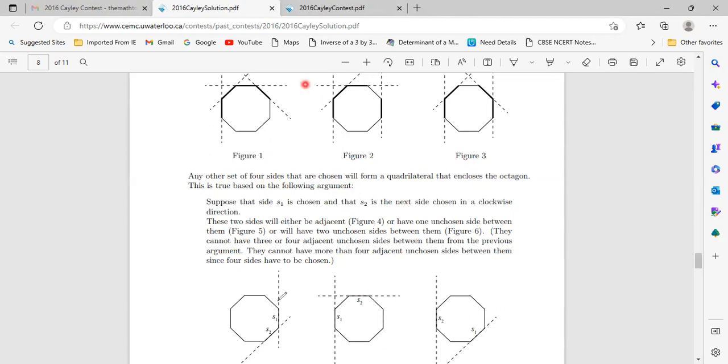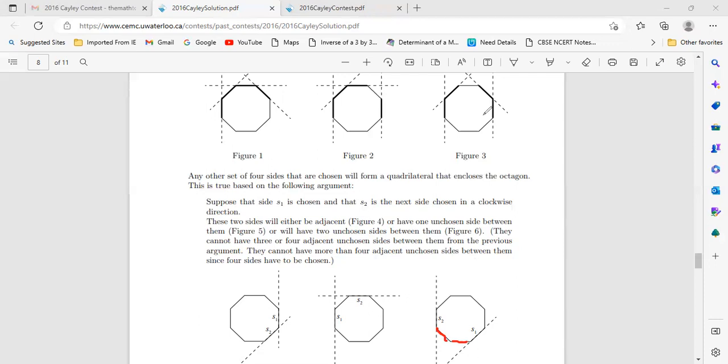These two sides will either be adjacent, or have one unchosen side between them, like this, or you have two unchosen sides in between them.